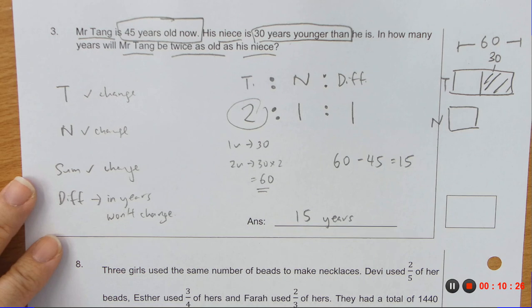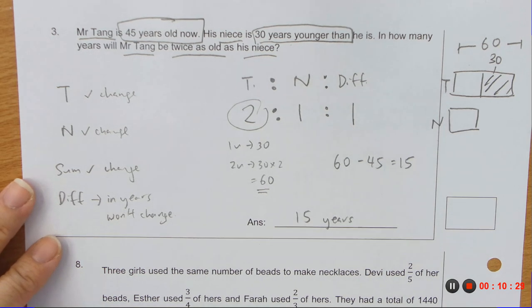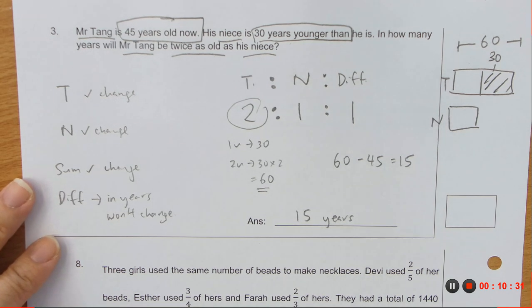Now, we have 2 friends in the class who got this correct by 2 different methods. One of them used, yes, Ryan, what did you use?